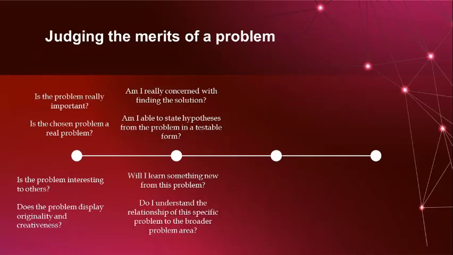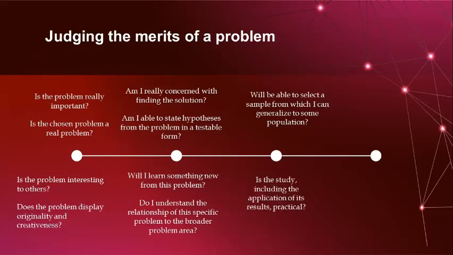Do I understand the relationship of this specific problem to the broader problem area? Will I be able to select a sample from which I can generalize to some population? Because you cannot work on the whole population. You need to find out a sample population. So, will I be able to find the sample population?